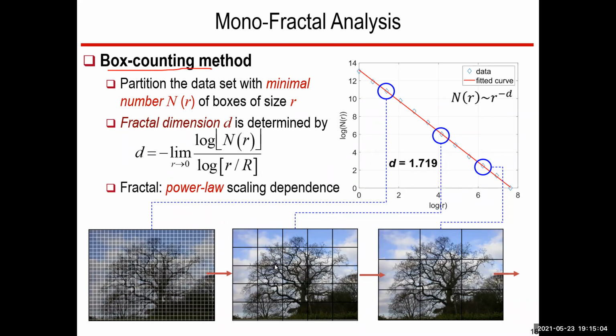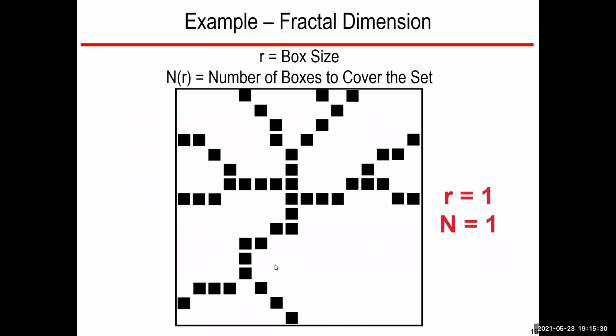The idea is to use a box of a fixed length to cover the object and record the length and the number of boxes needed to fully cover the object. Then we can use linear regression, as you can see here, to find the curve and calculate the slope as the fractal dimension. Next I'm going to show you an example.